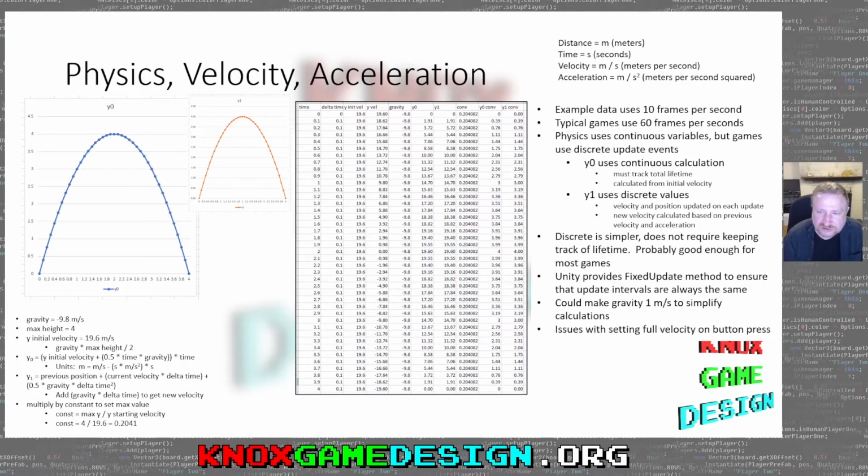This is only for constant acceleration. And also I mentioned you could make gravity 1 unit a second, make things simpler, not use minus 9.8, but just know that a lot of game programming, well, at least Unity I know, uses minus 9.8. So if you change that, you have to go into your physics settings and all that.